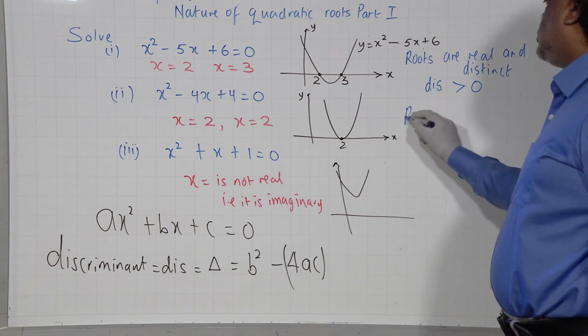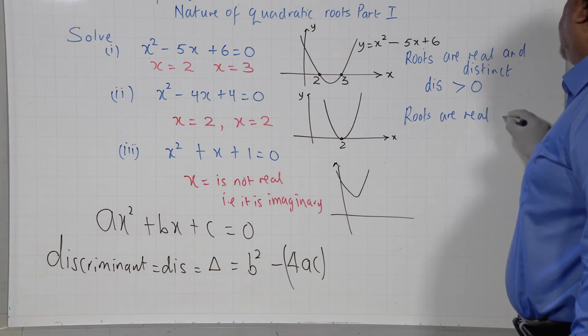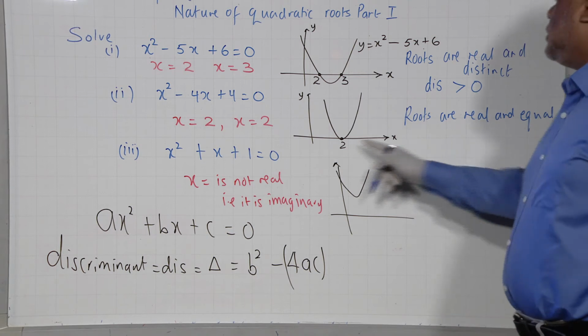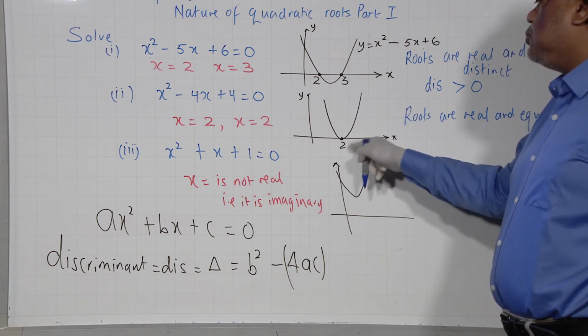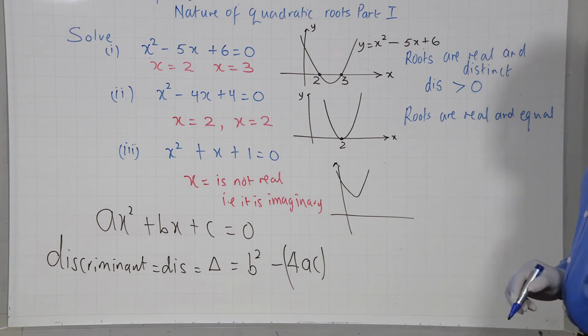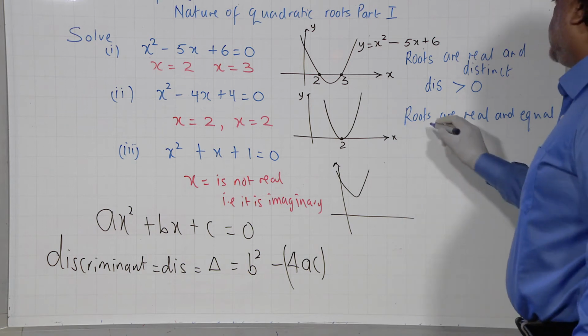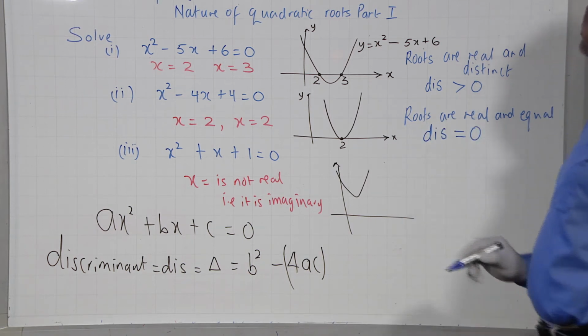Here, roots are real and equal. Roots are real. Yes, it's real. We can see where it touches the x-axis, but they're equal. So here, discriminant is equal to 0.